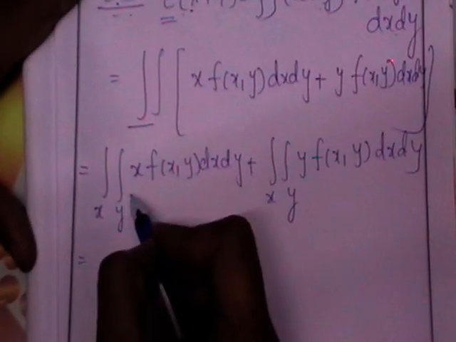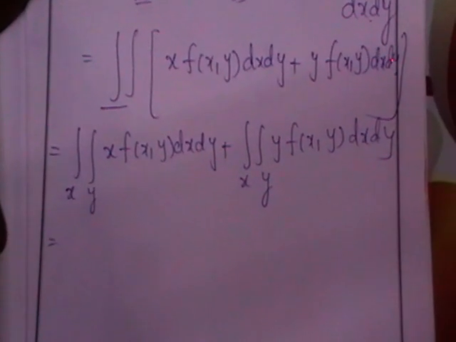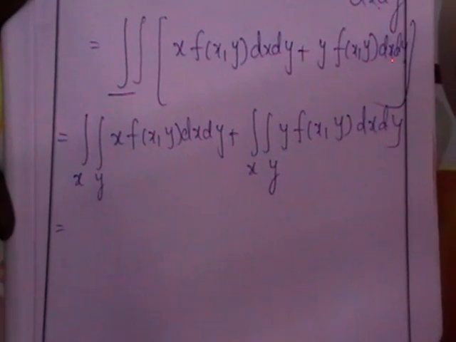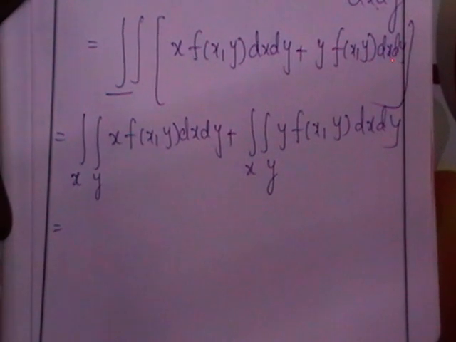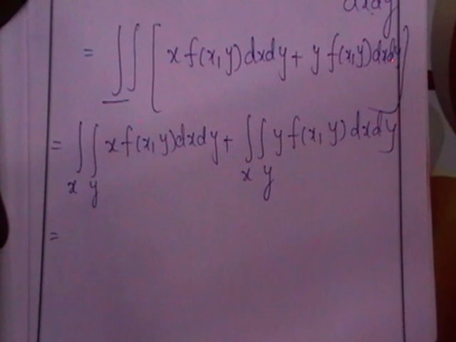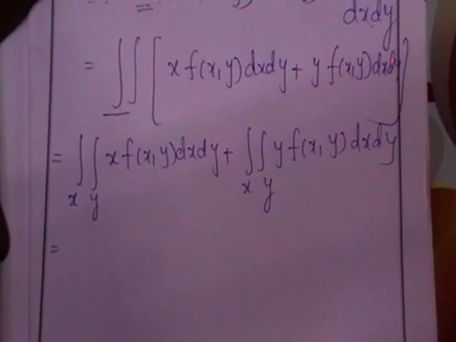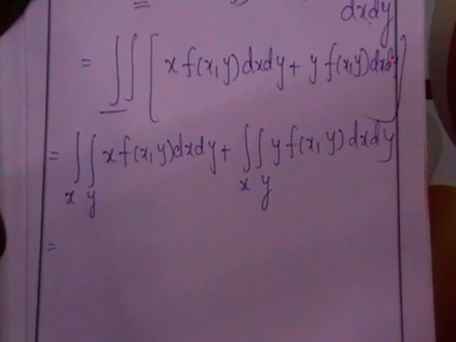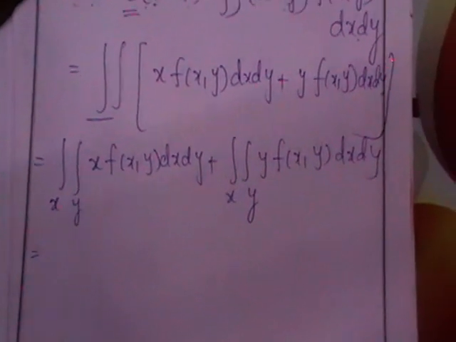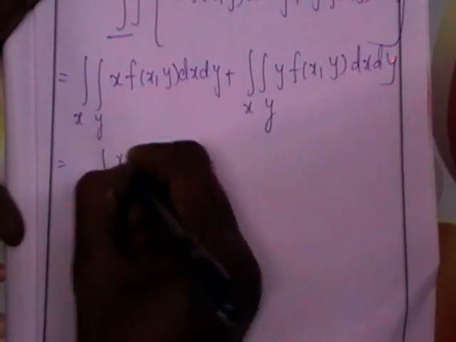If you integrate the joint PDF with respect to x, you will get the PDF of y. If you integrate the joint PDF with respect to y, you will get the PDF of x. Means eliminating from the joint: if you remove x, you will get the PDF of y; if you remove y, you will get the PDF of x. This removal is done not with minus, but with integration. So I think we can write it in this way.